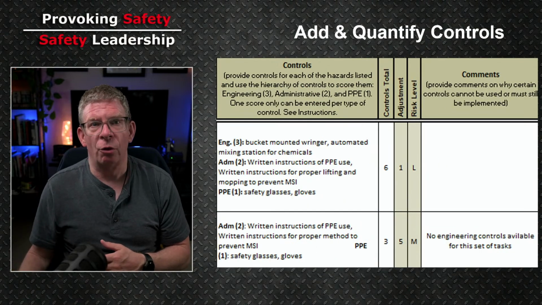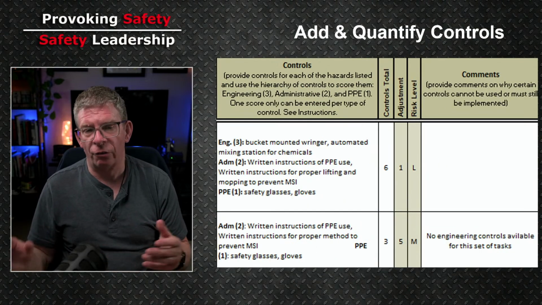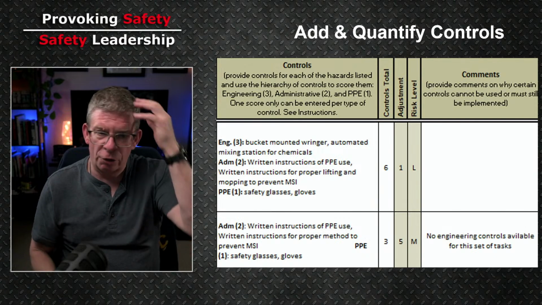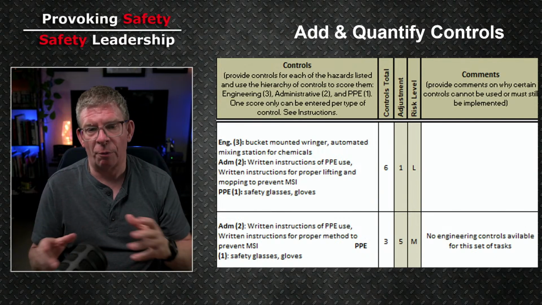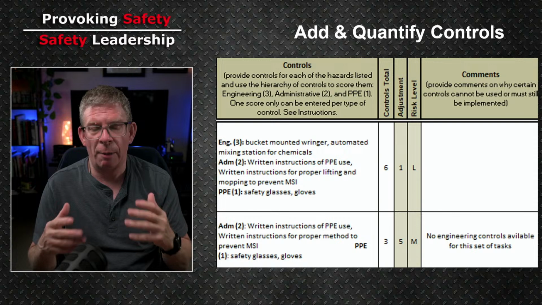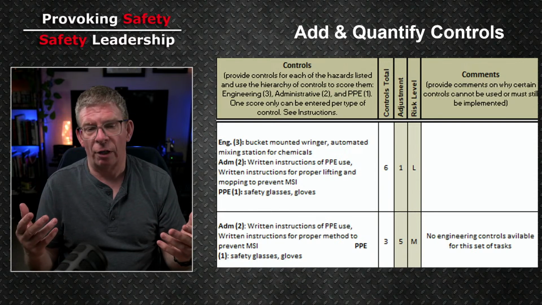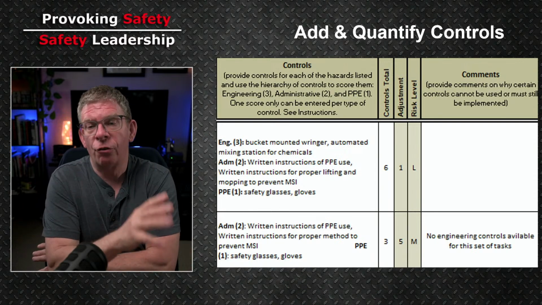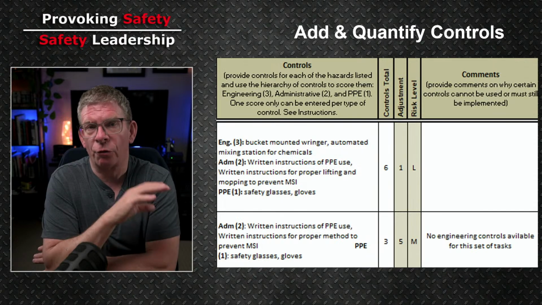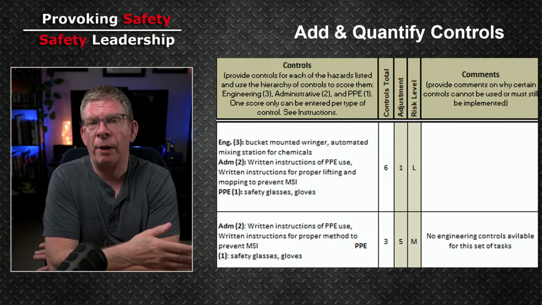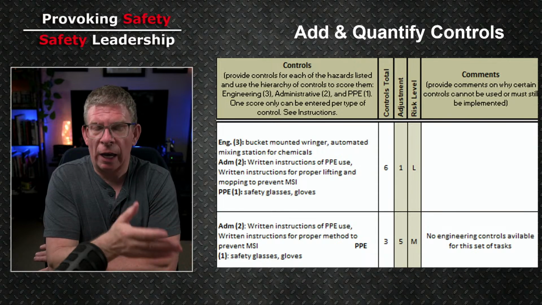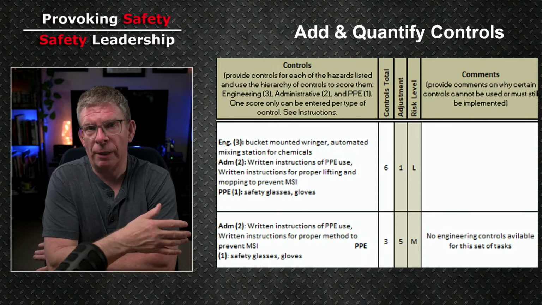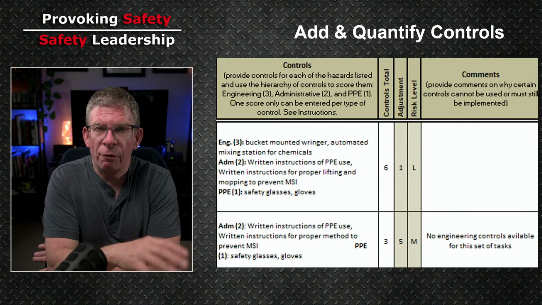So in going to this slide again, we see that we have written instructions for PPE use, written instructions for the proper method to prevent MSIs, and of course, safety glasses and gloves. There's no engineering controls available. So because there's no ability to put a barrier between the hazard and the worker, with the exception of PPE, we have more of a hazard.